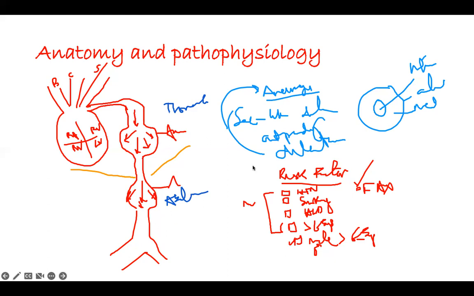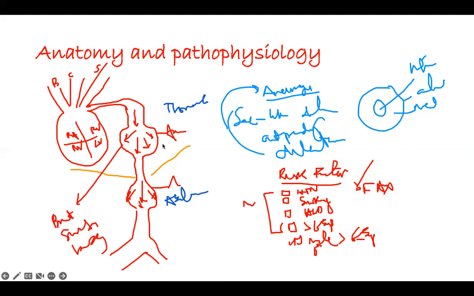Usually you're going to hear a bruit because of turbulent flow, a swishing sound or buzzing sound. So an aneurysm will give a bruit or swishing sound or buzzing sound because of the turbulent flow.